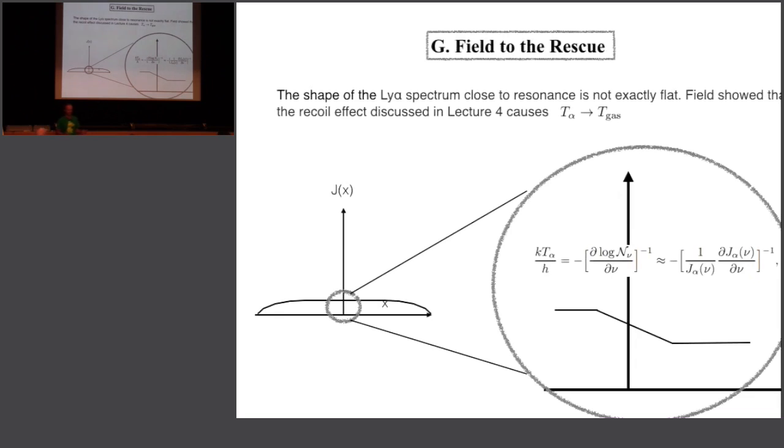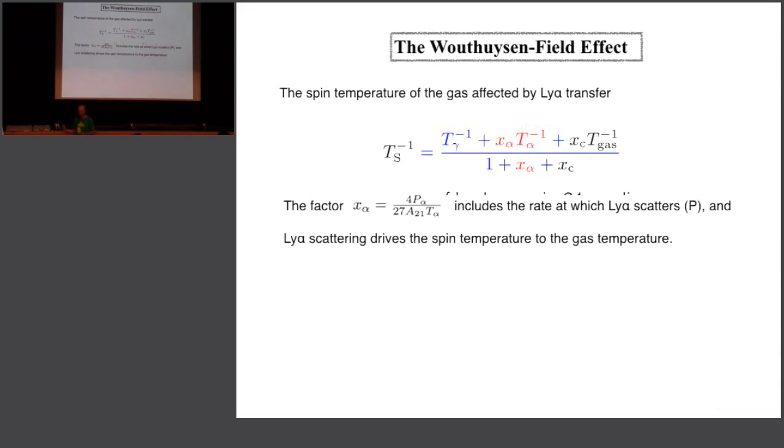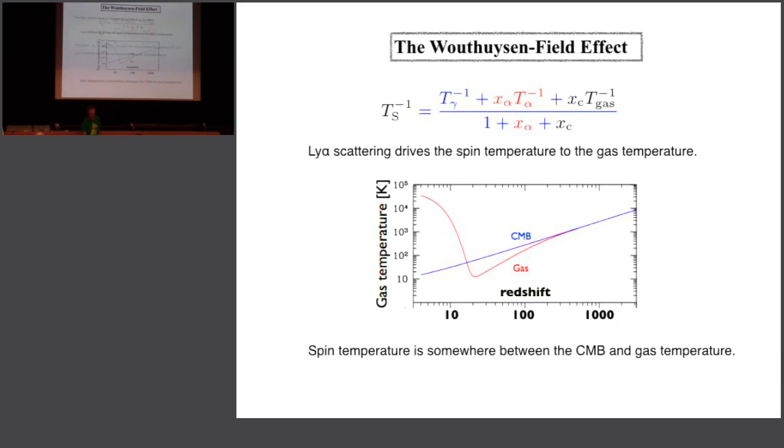Wouthuysen indicated that the scattering of Lyman-alpha photons, or the spectrum of Lyman-alpha, is what is really determining the color temperature of Lyman-alpha, and Field's results showed that this color temperature equals the gas temperature. So this complicated expression really says that the spin temperature is somewhere between the CMB and gas temperature. Where it is exactly depends on a number of things, but it can only be in between these two temperatures.